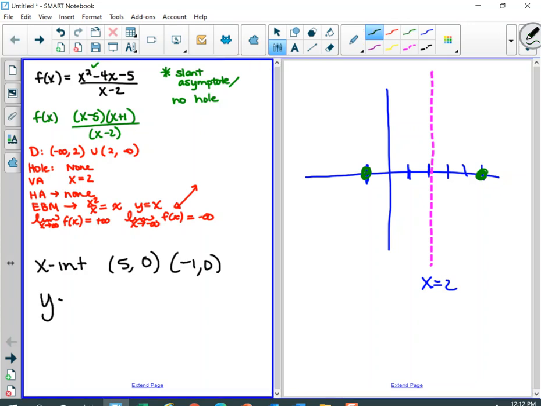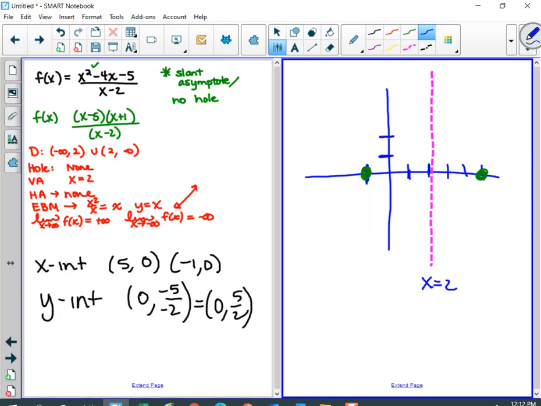And my y-intercept is at 0, negative 5 over negative 2, or 0, 5 halves, or 2 and a half. 1, 2, and this may actually be one that we did in class, but that doesn't hurt. We're doing it again.